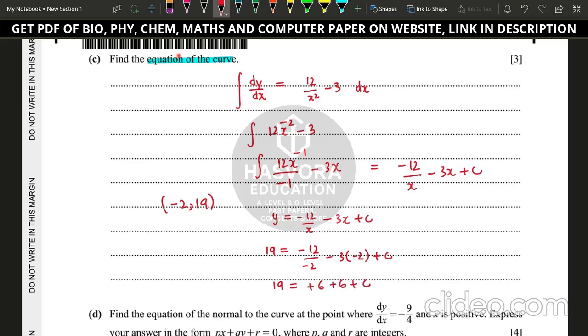Okay, so this will become c is equal to 19 minus 12, because 6 plus 6 is 12, and it will shift to that side, so it will become minus 12. So 19 minus 12 will give you 7. So your equation of the curve will be y is equal to minus 12 over x minus 3x plus 7. Okay, this is the equation of your curve.